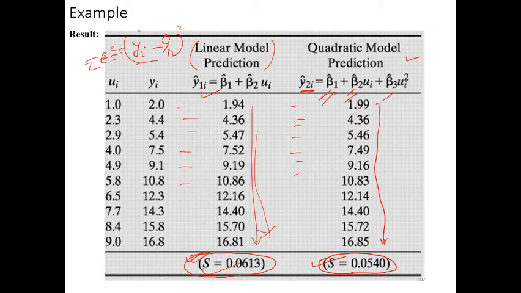The conclusion is which one is the more accurate model. You can conclude that the quadratic model is more accurate, but at the same time the complexity in the computation of beta 1, beta 2, beta 3 becomes very tough. So this one is the case.